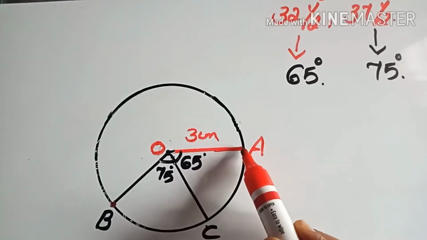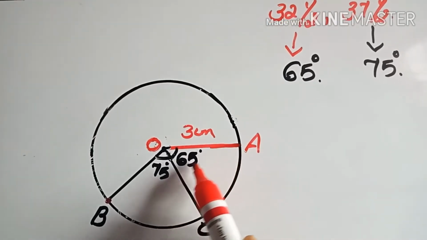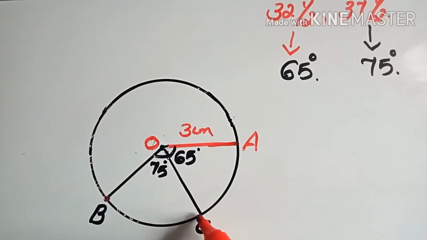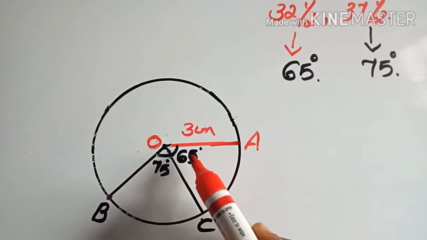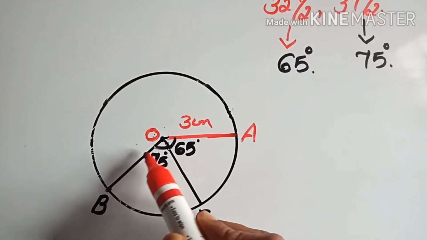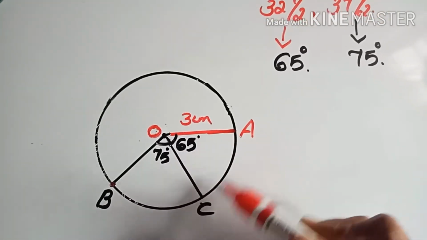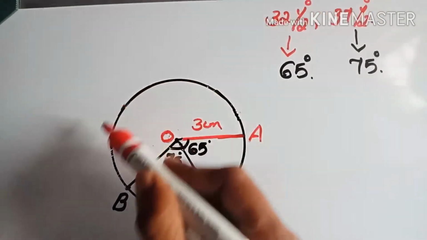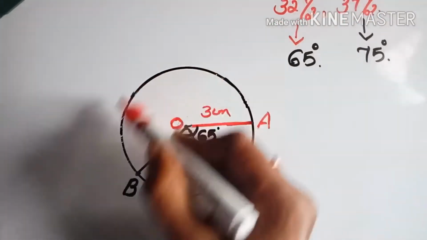Start from the point A. When we join A to B and B to C, that angle will be half of 65 degrees, that is 32.5 degrees. Don't consider this line, only consider this portion. AC is a small arc, so this is the alternate arc, and it can be from C to anywhere in this large arc.